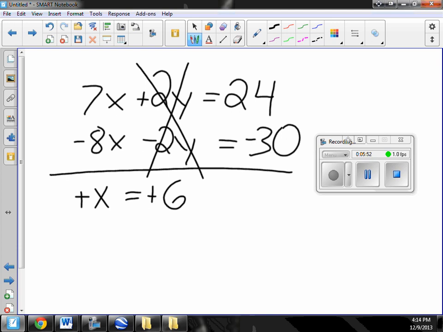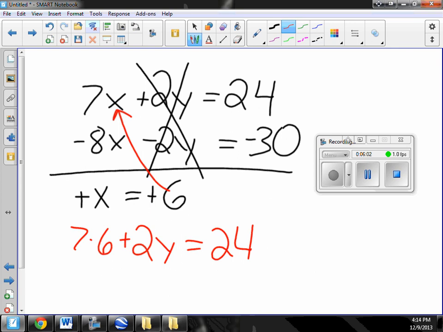So I take that 6 and I plug it back in for x. 7 times 6 plus 2y equals 24. 7 times 6 is 42. I need to move that 42 to the other side, so I subtract it. Subtract 42. 2y equals 24 minus 42.